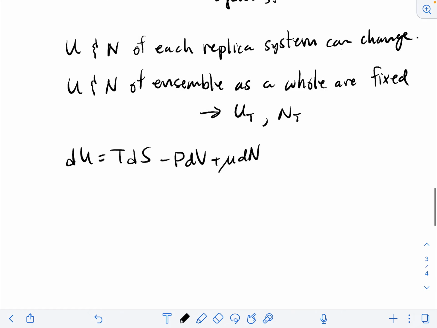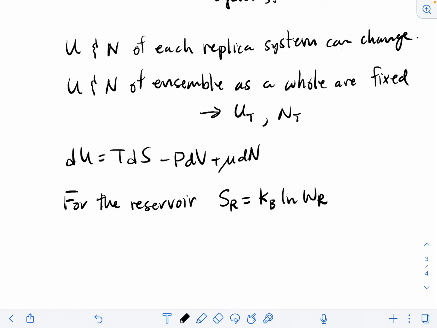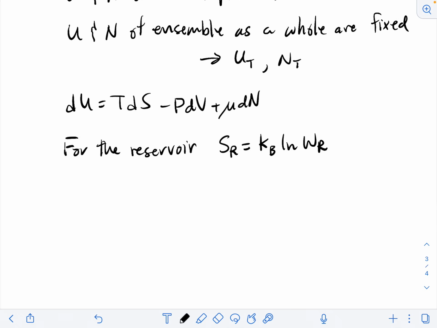So for the reservoir, because it's an isolated system, we can write its entropy as Kb ln of W. Now, 1 over T could be expressed as dS dU, with subscripts R because we're talking about the reservoir.